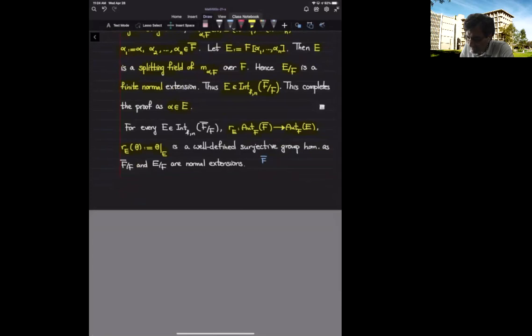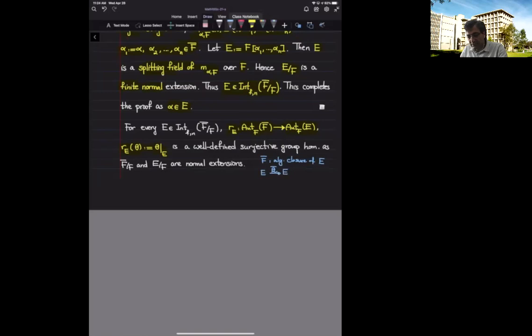F bar can be viewed as an algebraic extension, algebraic closure of E, and we have a map from E to E. I want to say that it is surjective, so let's assume that this is an isomorphism.